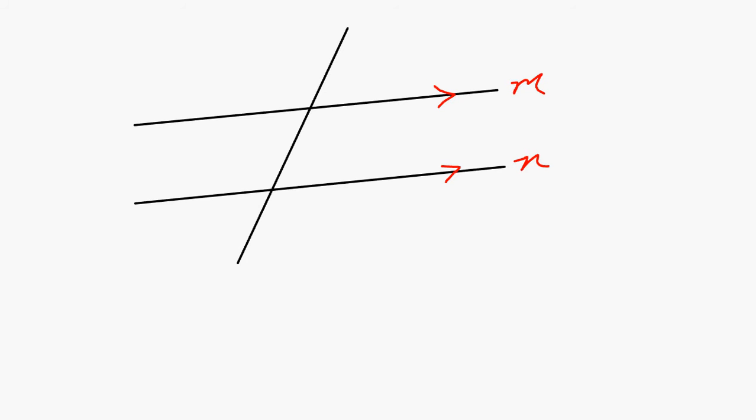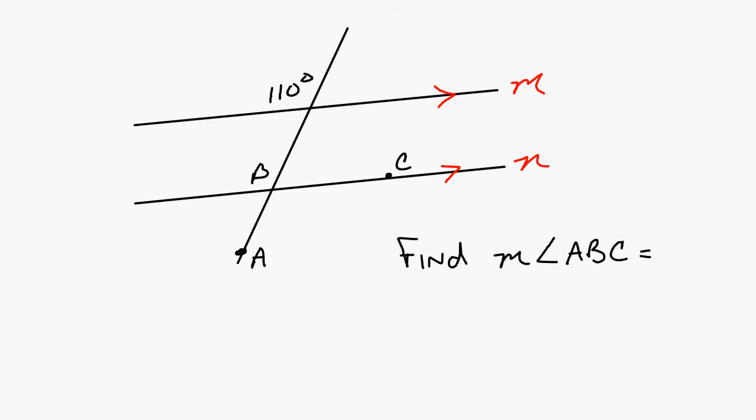If you're given this angle, let's say it's 110 degrees, and you're asked to find the measure of angle ABC, that's this angle right here, ABC.